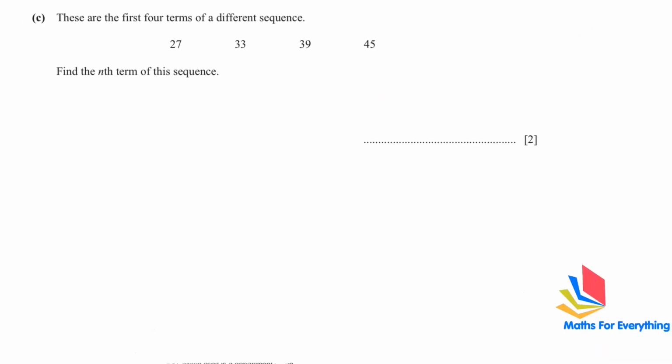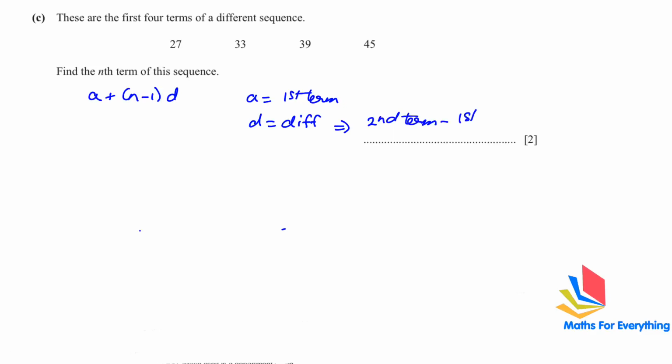Question number C. These are the first 4 terms of a different sequence. Find the nth term. To find the nth term, we use the formula a plus (n minus 1)d. a is your first term and d is your difference. We find the difference by subtracting the first term from the second term.